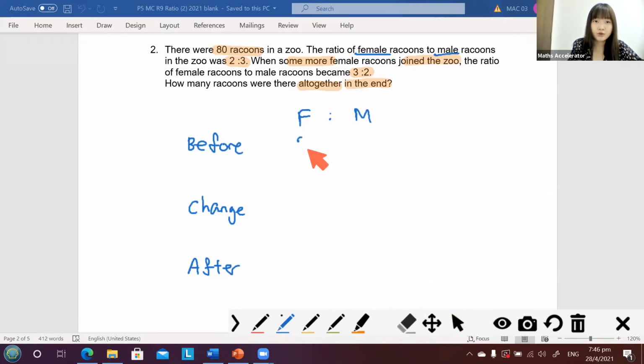So this will be 2 to 3 at first, and the ending ratio is 3 to 2. Just fill in the table according to the question. We have not done any calculations. This is just filling in the table so that we can visualize the question better.